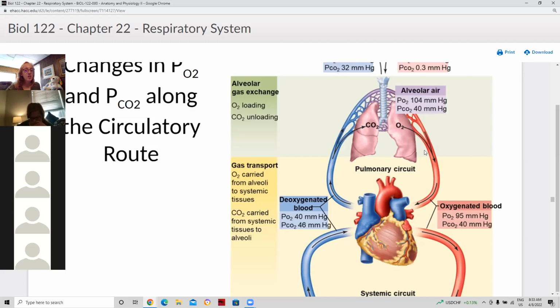So once it's in the capillaries and leaves the lungs and enters the left side of the heart, it then gets pumped out into the systemic capillaries. Oxygen has a partial pressure of 95, and carbon dioxide has a partial pressure of 40.